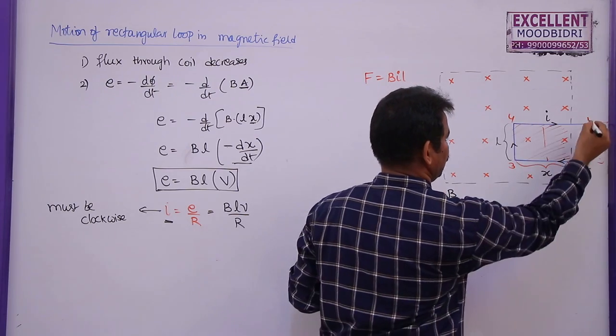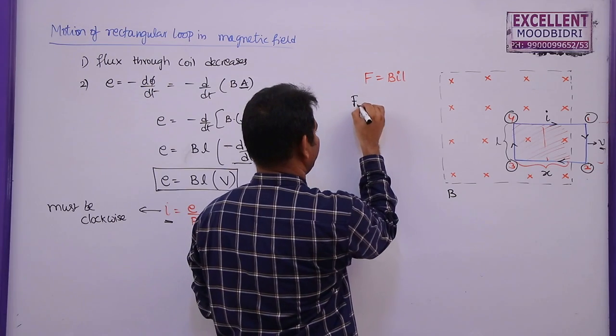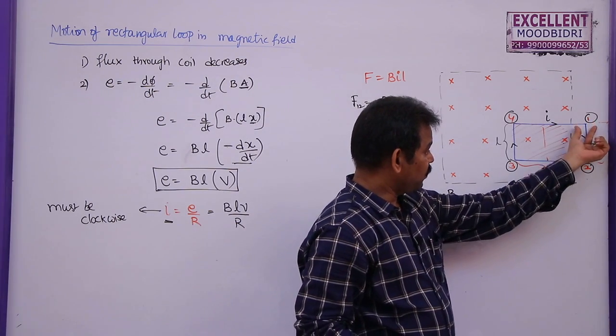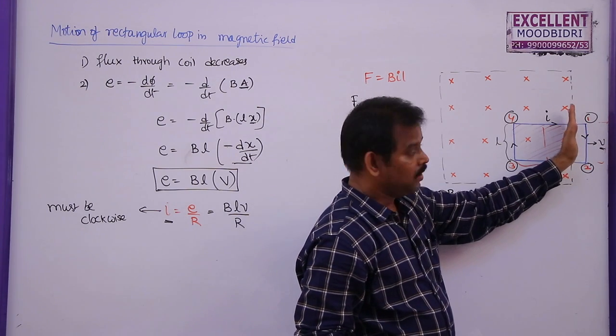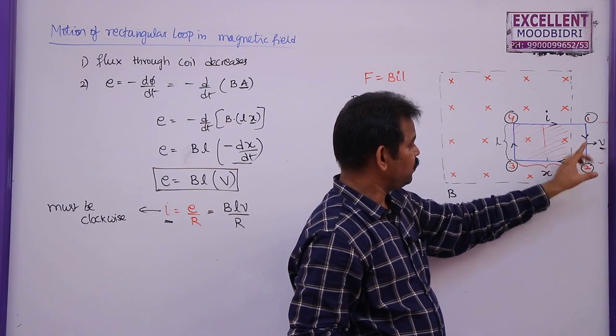So what is F12? This is 0, because there is no magnetic field in this region. The field is up to this boundary only. Beyond this boundary there is no magnetic field, so the force experienced by this side will be 0.